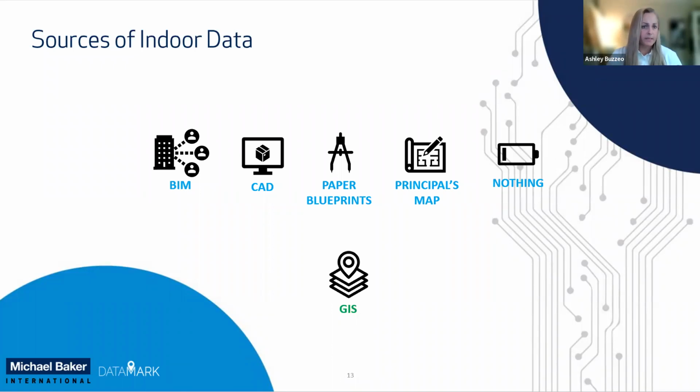We've included BIM, CAD, paper blueprints, and a term that is somewhat new to me that I've been hearing a lot in the market called a principles map, which really is hand-drawn maps, something that you've hand sketched to identify what that indoor space looks like. And the last one that we're going to talk a little bit about is when you have nothing. What do you do? How do you create some indoor data when there isn't anything available?